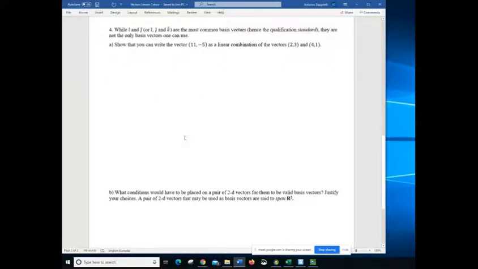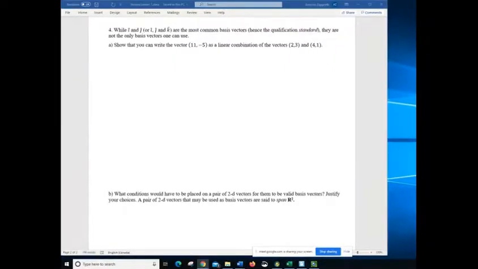But what I do want you to do is set up an algebraic way to figure out how you could write (11, -5) as a linear combination of (2, 3) and (4, 1). And if you have time to get to B, think about B. But at the very least, set up part A and see if you can actually solve.